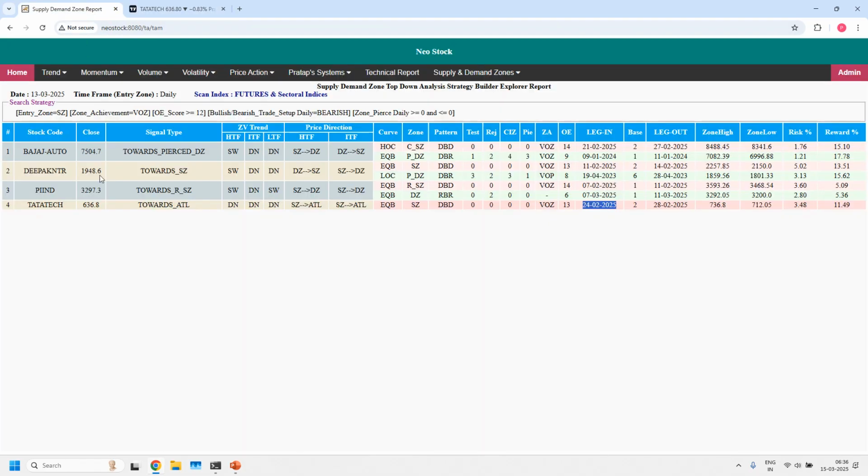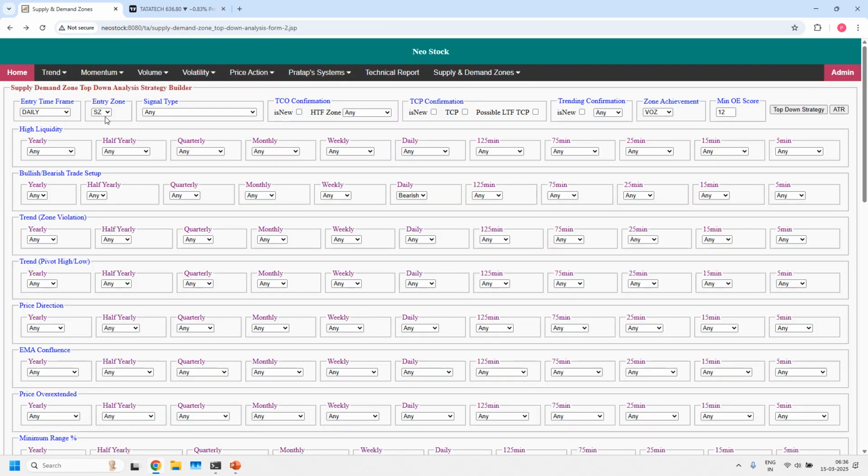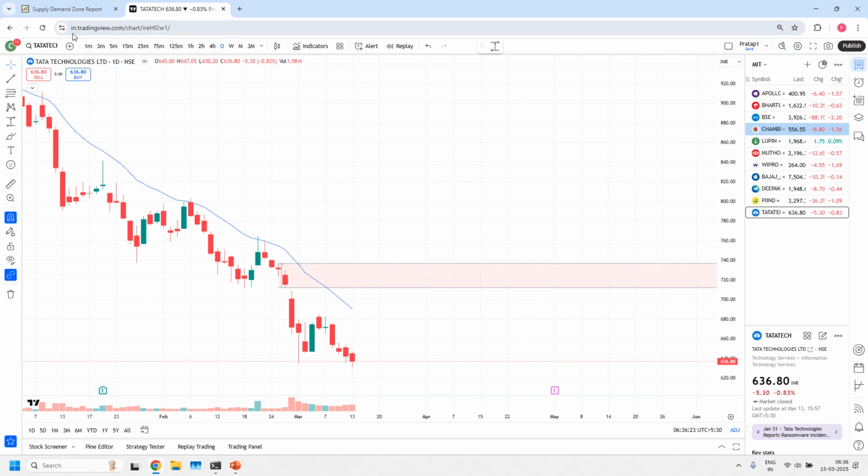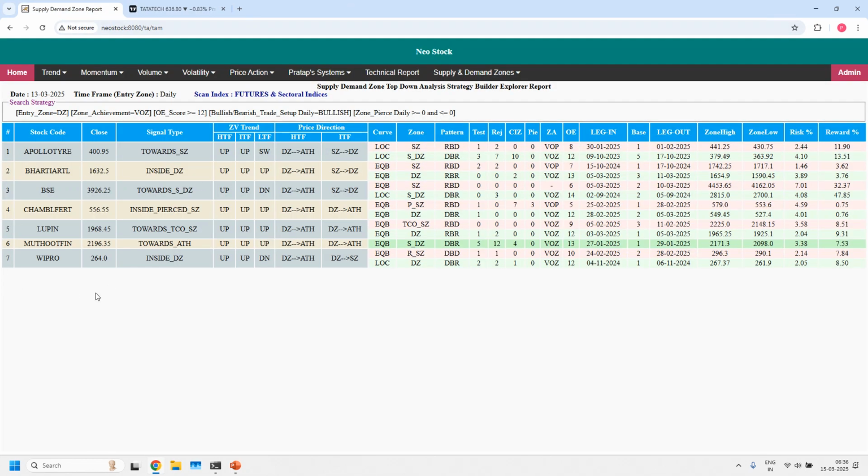So what is that probability? Let's start with bullish trade setups again. I'm changing the entry zone to demand zone, and also here, bullish or bearish, I'm selecting bullish. We should get 7. We got all the 7 stocks. Among these 7, I need to find high probability trade setup related stocks.